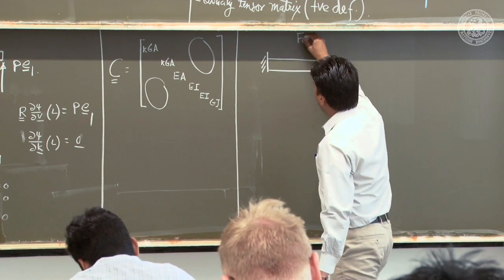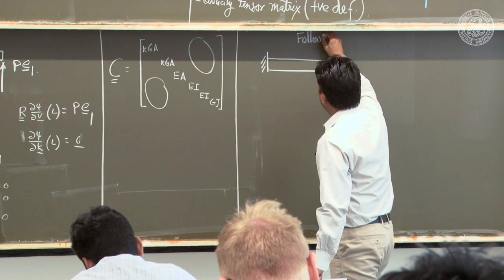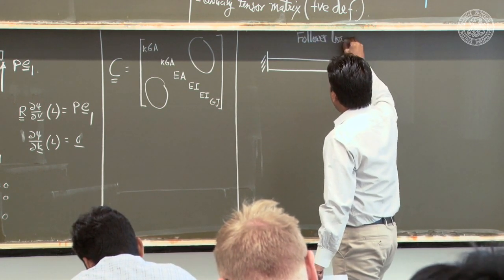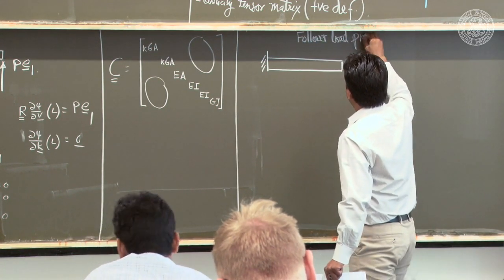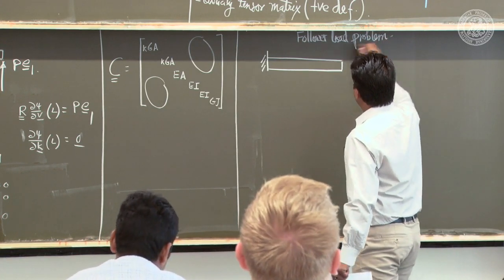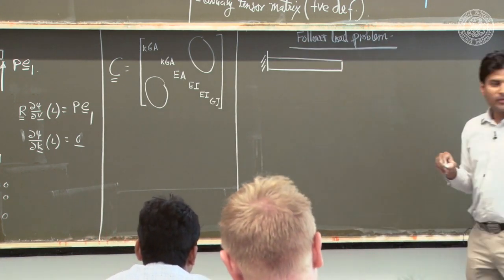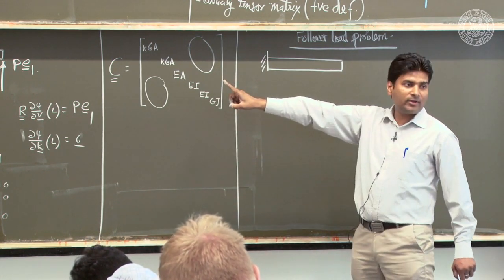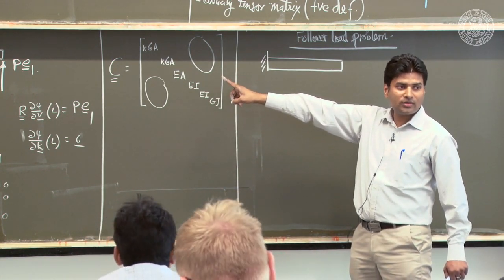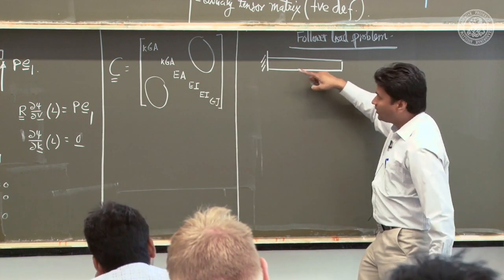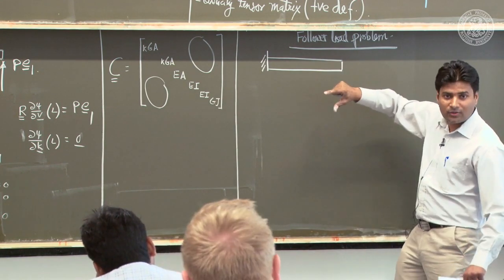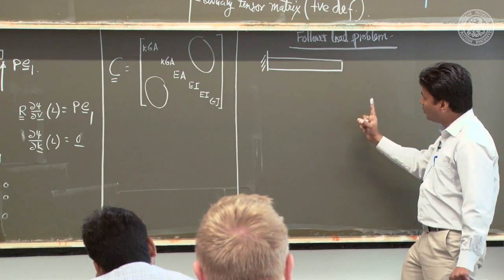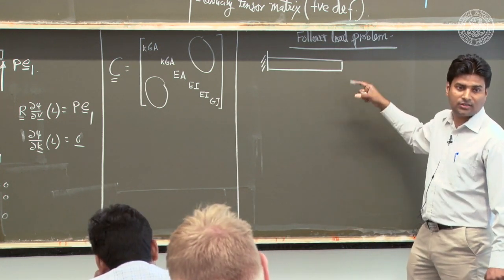So this is called follower load. It's very much like the cantilever, but just that the load follows the deformation. So as the beam deforms, the direction of the load also changes.